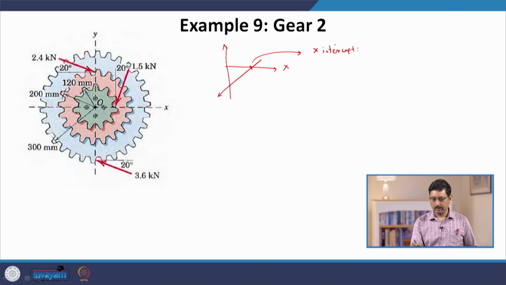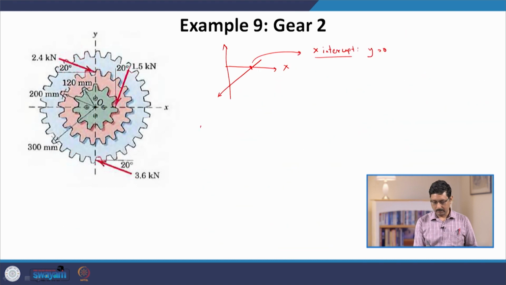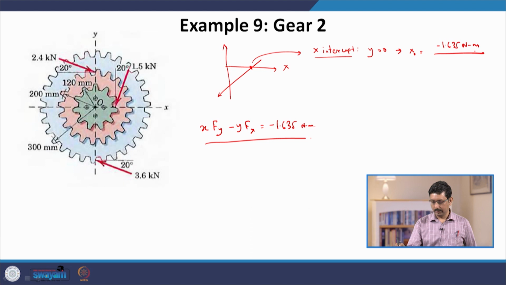The condition for intersecting the x axis is that the y coordinate must be 0. So let me write down the equation again. x times Fy minus y times Fx is equal to minus 1.635 kilonewton meter. If I put y equal to 0, then the value of x, let us call that x naught, is given by minus 1.635 kilonewton meter divided by Fy.